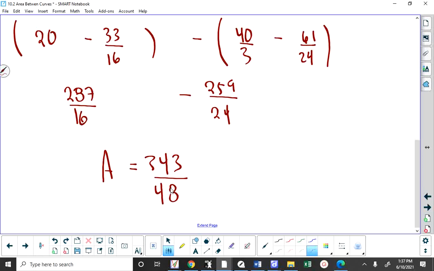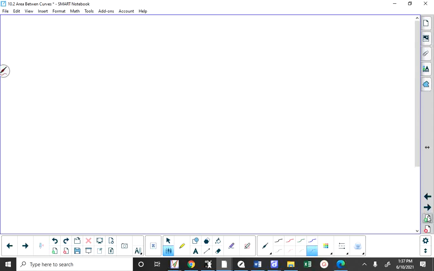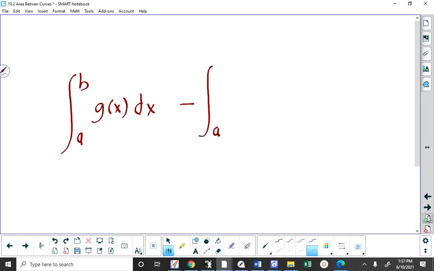The good news is there is a property of integrals that says this. If you have an integral from a to b of one function, plus or minus, in this case I'm going to use minus, an integral from a to b as well of a different function, then you do not have to figure out two separate integrals.